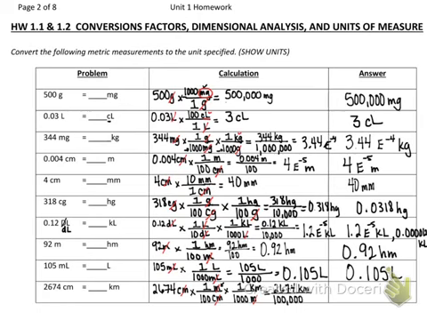No units, because we canceled it out. So now we're going to divide our numerator, 2674, by 100,000. And that's going to give me, I'm going to go ahead and write my answer. It's going to be 0.02674 kilometers.